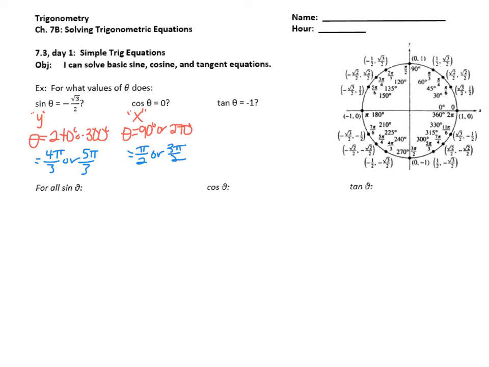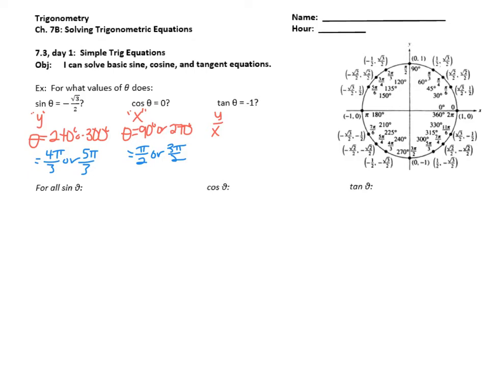All right, let's try one more value from the unit circle. When will tangent equal negative 1? Now this is a little bit more challenging, but hopefully we remember utilizing some of those tangent tools. Tangent is y divided by x. And when you want that to equal 1 or negative 1, that means x and y have to be the same coordinates. One would just be positive and one would be negative.